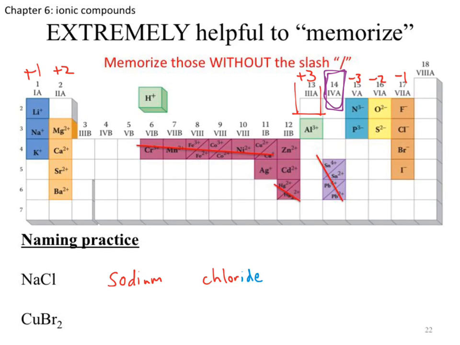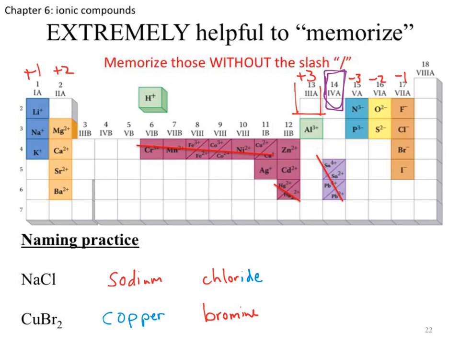So how about the next one? It's a little bit harder. Cu is copper. Because it is our cation, we will not change its name. We leave it alone. Br is bromine, but the only time it's bromine is when it's by itself.